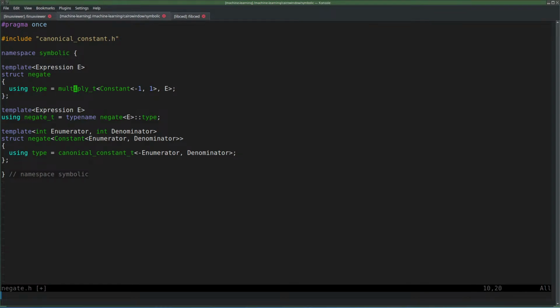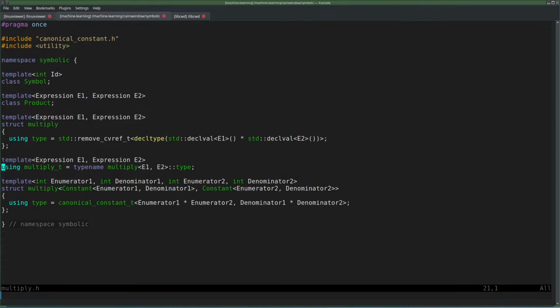Where then multiply t is still defined as a declaration type of declaration value of that constant times. So in the end it's still implemented in terms of the operator star.